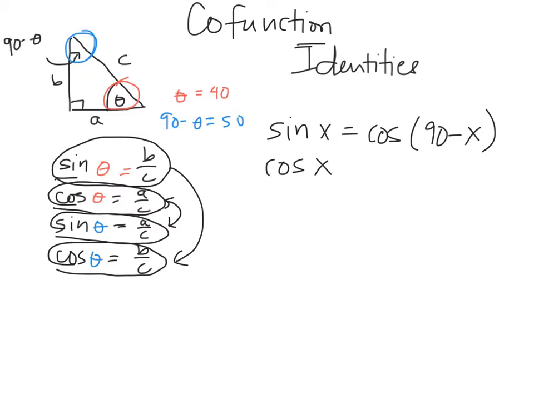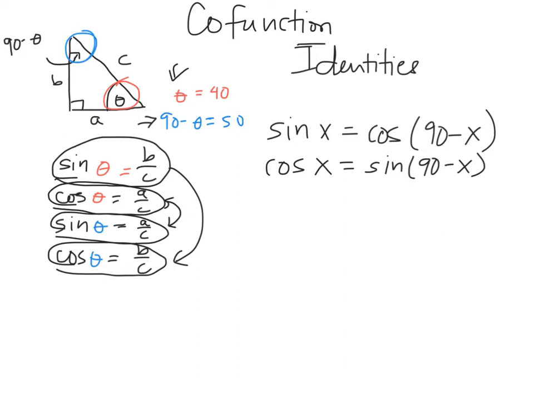And notice the red was just this theta, and then the blue was 90 minus theta. So I'm just replacing theta with x. And there are a bunch of other ones that we're going to talk about, but this is the general idea.